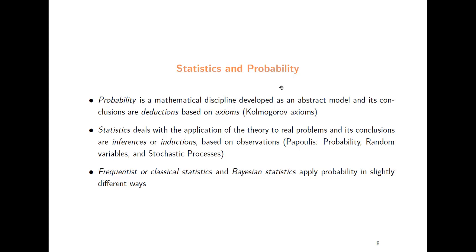Statistics deals with the application of the theory of probability to real problems, and its conclusions are inferences or inductions based on observations. I found this definition in the book from Papoulis, Probability, Random Variables and Stochastic Processes, which I recommend.